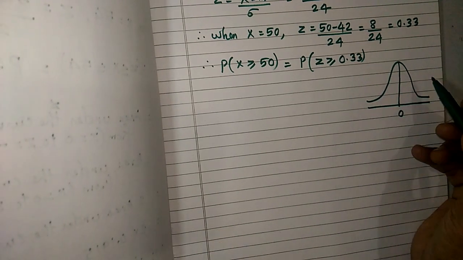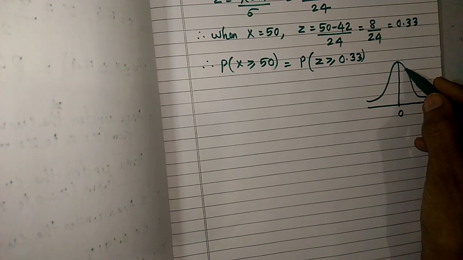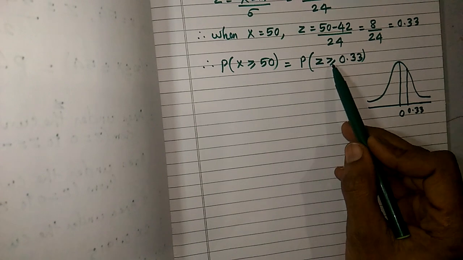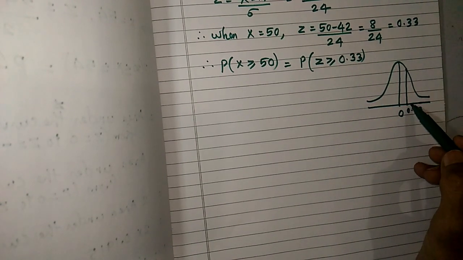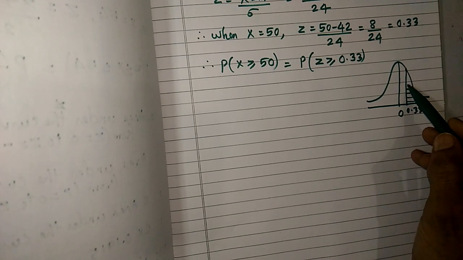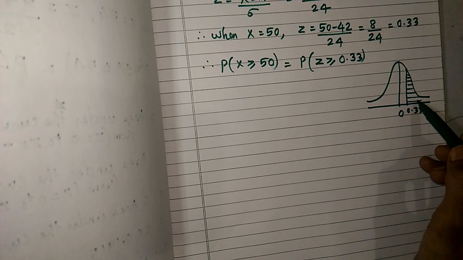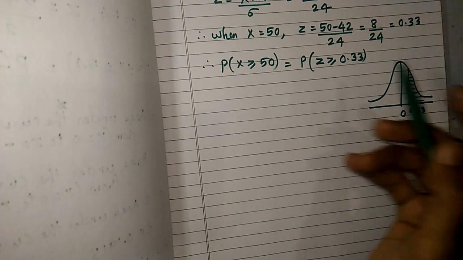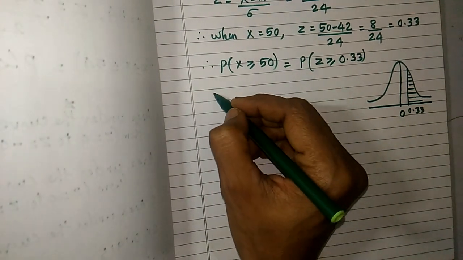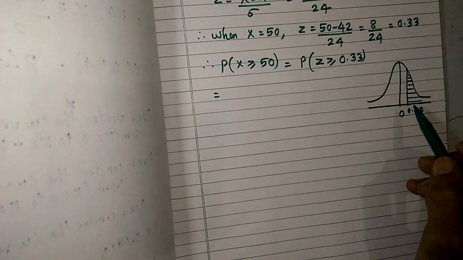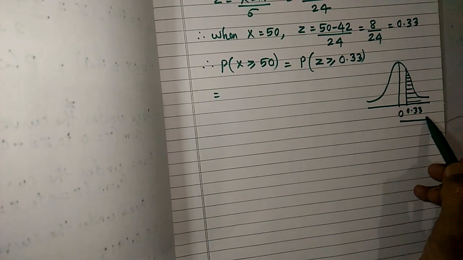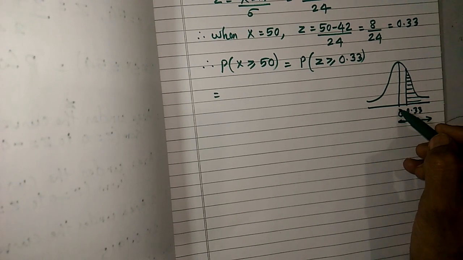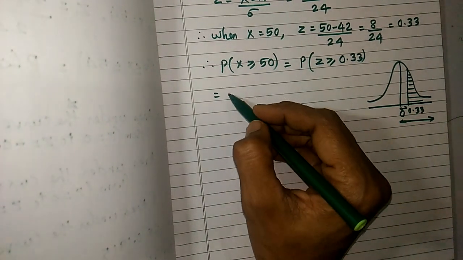So 0.33, being positive, comes to the right side of 0. Suppose it is here. So we have to find the probability that z is greater than or equal to 0.33. That means you need to find this area. The number of students who got marks greater than or equal to 50 means those who got this part. We get this by subtracting, from the area from 0 to infinity, that is 0.5, the area from 0 to 0.33.